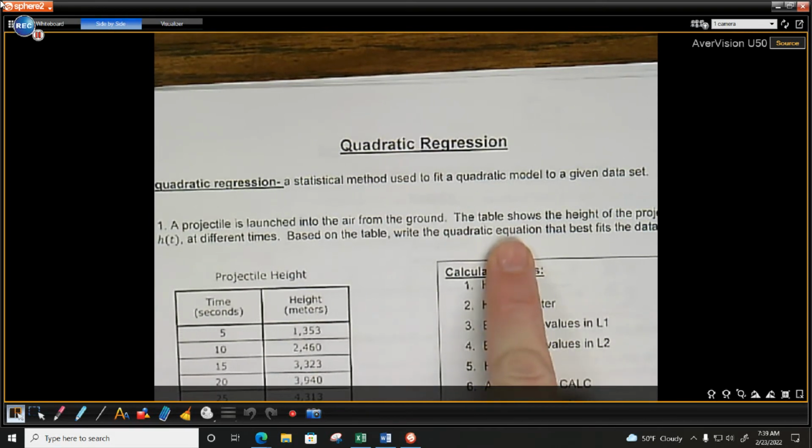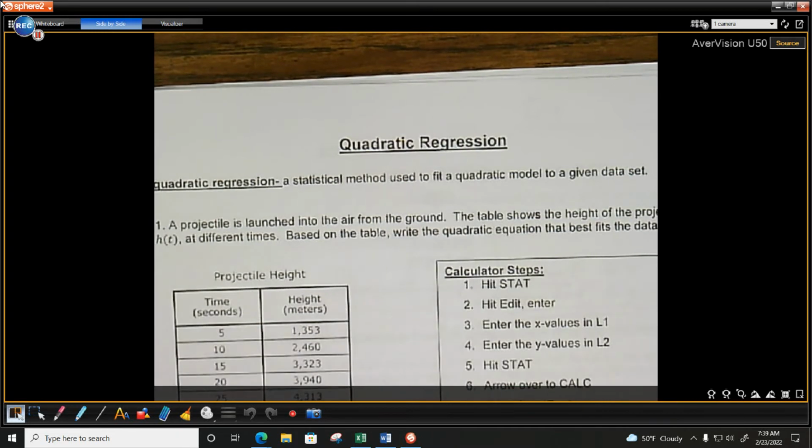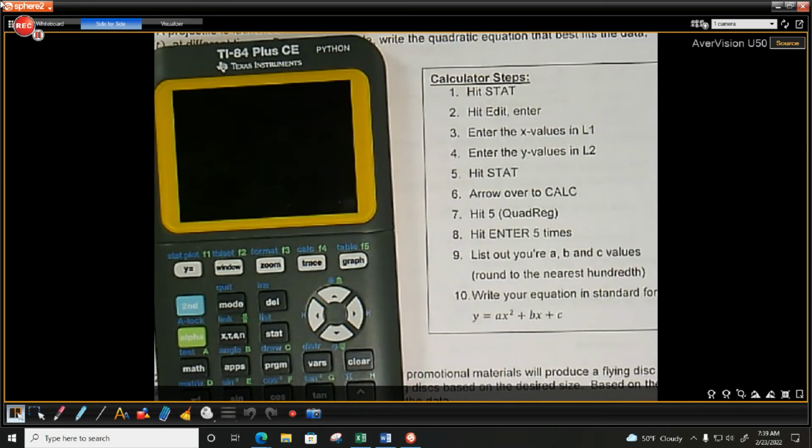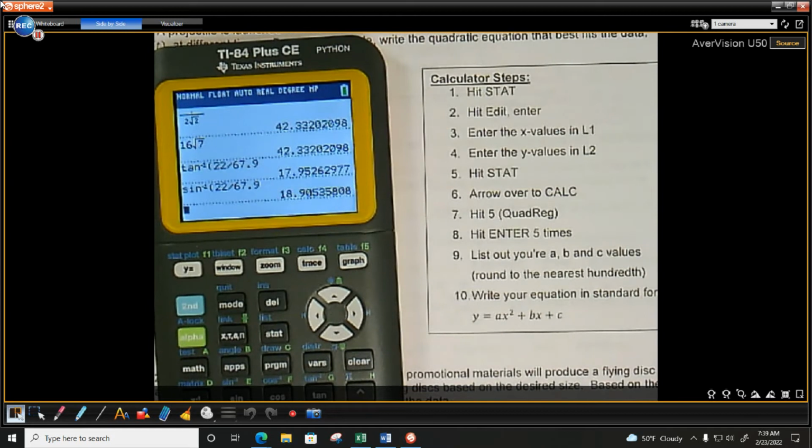Before we even do these calculator steps, does anybody remember what we should do first when we put stuff into our stat? Restart it, clear the memory. Guys, we all want to do this with me, so let's sit up. This is like the easiest thing in the world because the calculator literally gives you the answers if you know how to put it in the calculator.